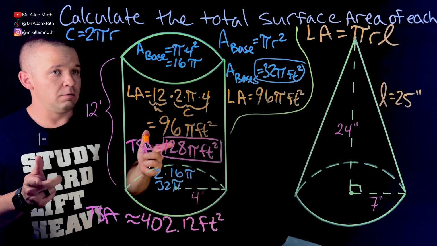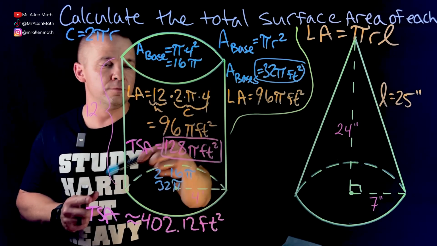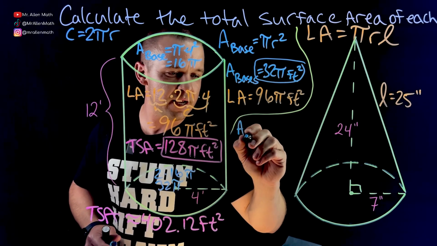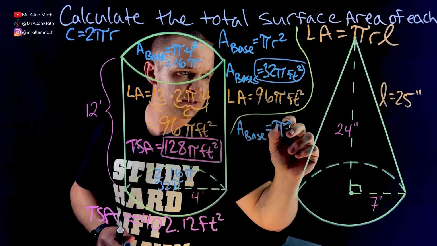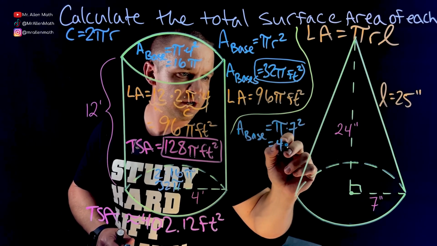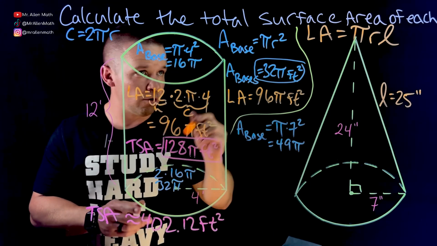So let's get to work. We've got our base area. We did it in blue before, so we'll do that again. Area of the base. In this case, there's only one circle, so it's pi times 7 squared, or 49 pi. Good to go there. And then we can do the orange for the lateral area.